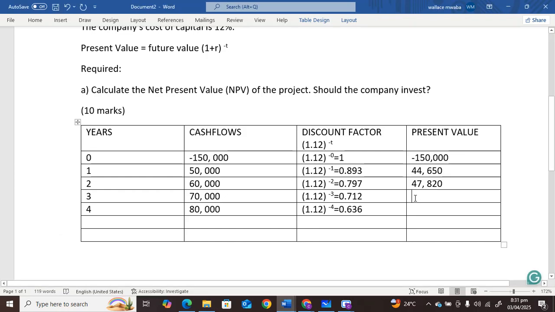The next one, 70,000 times 0.712. Then year four, 80,000 times 0.636.